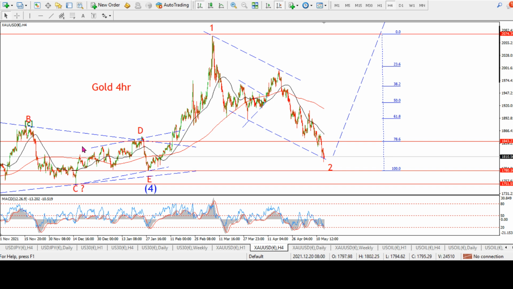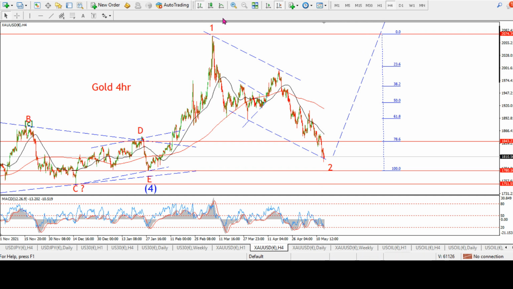We can go wave 1 and then an ABC, wave 2, and then 3, triangle wave 4, and then 5. It's an alternate view on this wave 1 rally, which will allow for declines below 1780 but above 1750. So I would like to see 1780 hold, and then we rally again to begin wave 3 up.